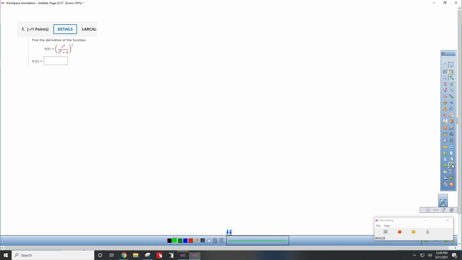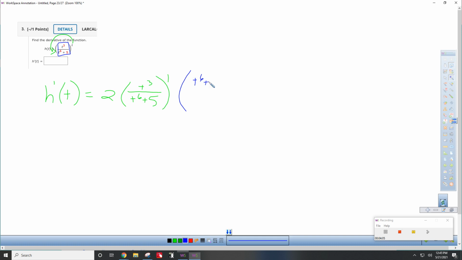Okay, so anytime you have a function to a power to find h prime of t, you take the power, you multiply it by what's inside, to the 1 less power, but then you have to multiply by the derivative of what's inside, the derivative of that. So what's the derivative of that? Well, that's going to be low d high minus high d low all over low low. So here we go. Low, t to the 6 plus 5.